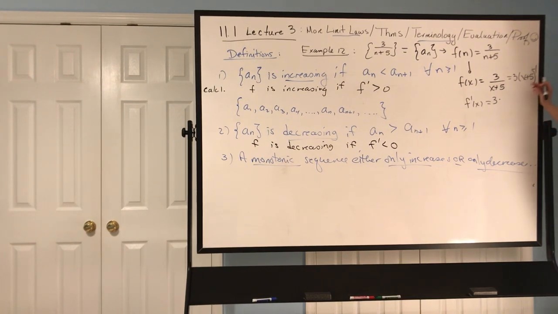What's the derivative of stuff to the negative 1? Bring down the power. Do what with the stuff? Good. Leave the stuff alone. Don't touch the stuff. Then do what with this power? Subtract 1. Nice. And then multiply by the derivative of the stuff. What's the derivative of x plus 5? Good. 1. Very nice.